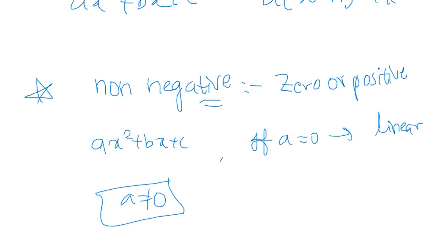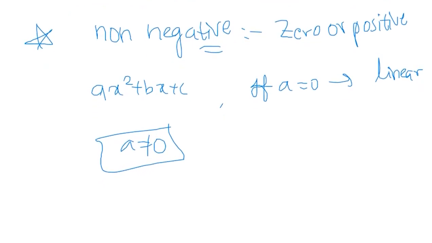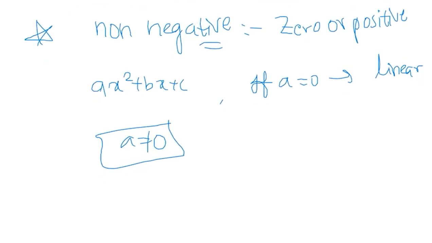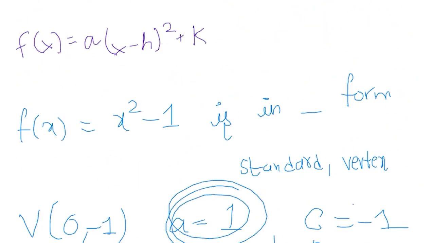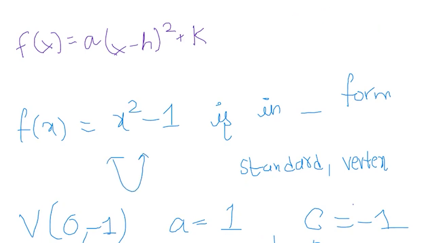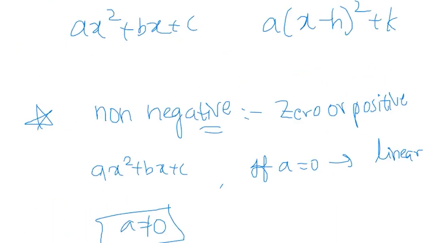These are some assumptions which we work upon. So a is positive here, and that is why the graph opens upwards. A positive means it smiles. A negative means a sad face, like this.